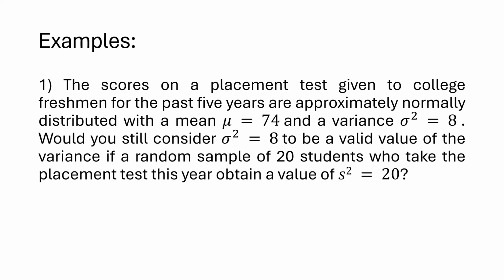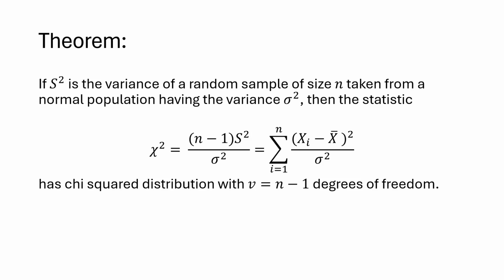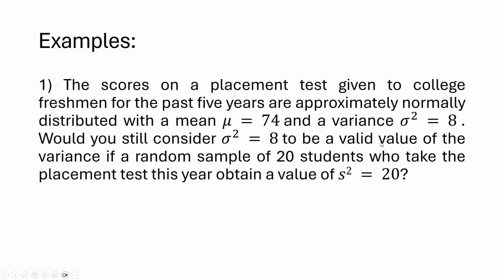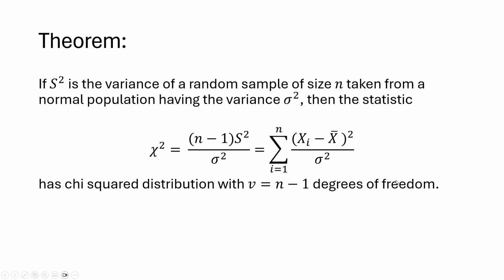So we are given the values of mean and variance and the sample size. So we have to use this first formula. We are given n is equal to 20 for this problem, s square is given as 20 and sigma square is given as 8.